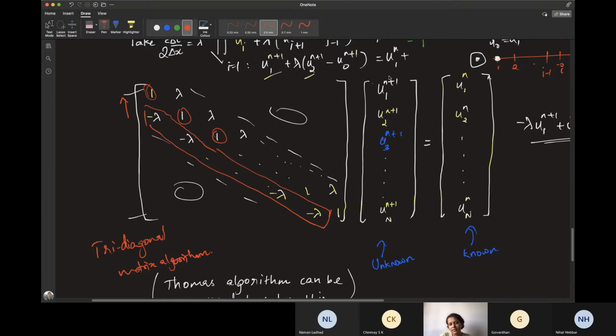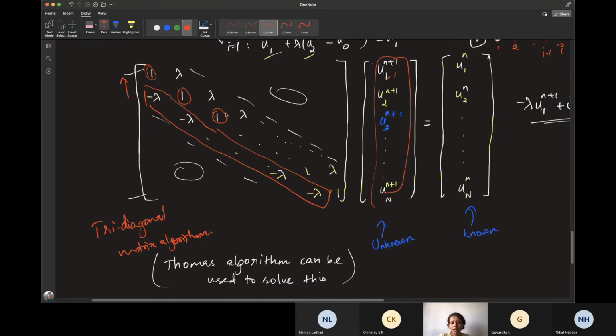Depending on how you write the terms on the right, you'll have another term, along with u1 comma 1, something like that. Depending on how you arrange the elements, the pentadiagonals will be arranged in a different way. So there also you have to solve the matrix system, which is quite a bit more complicated than this.